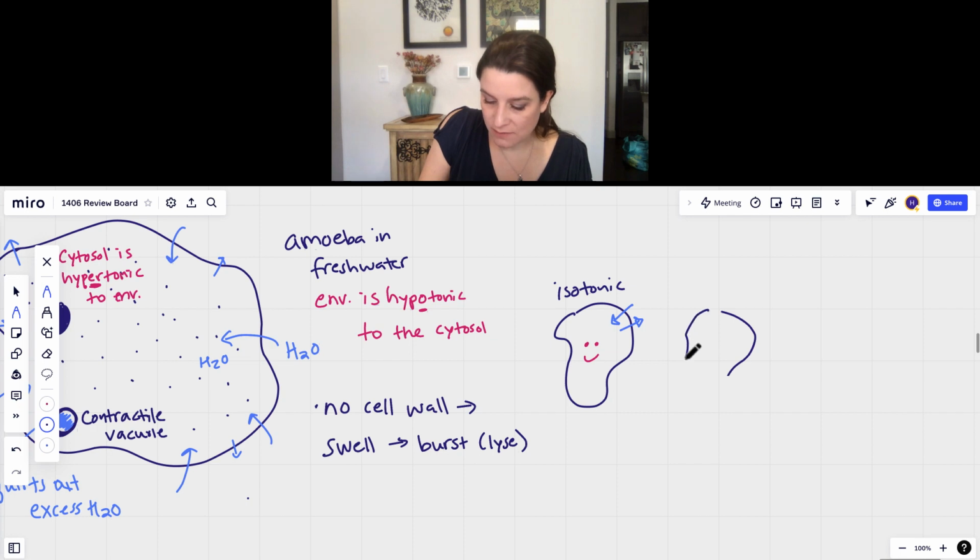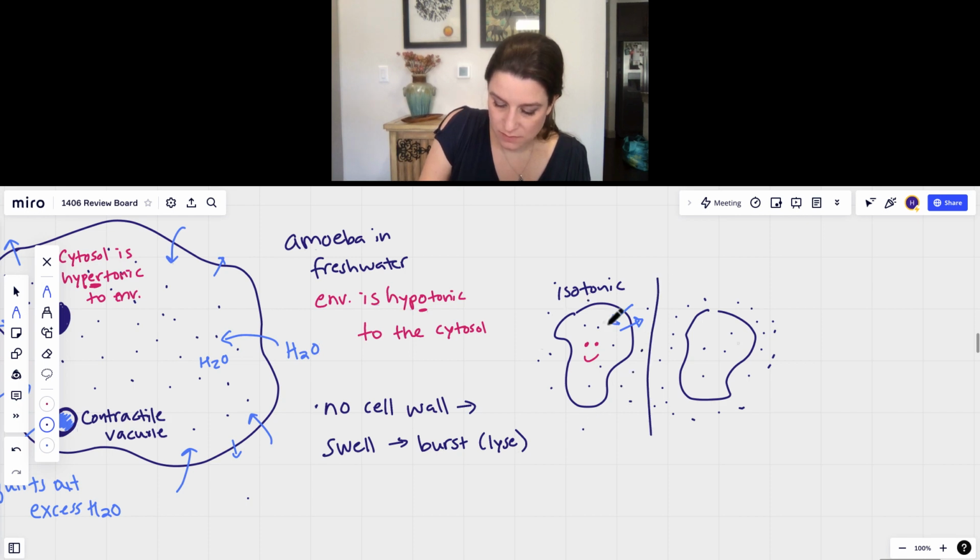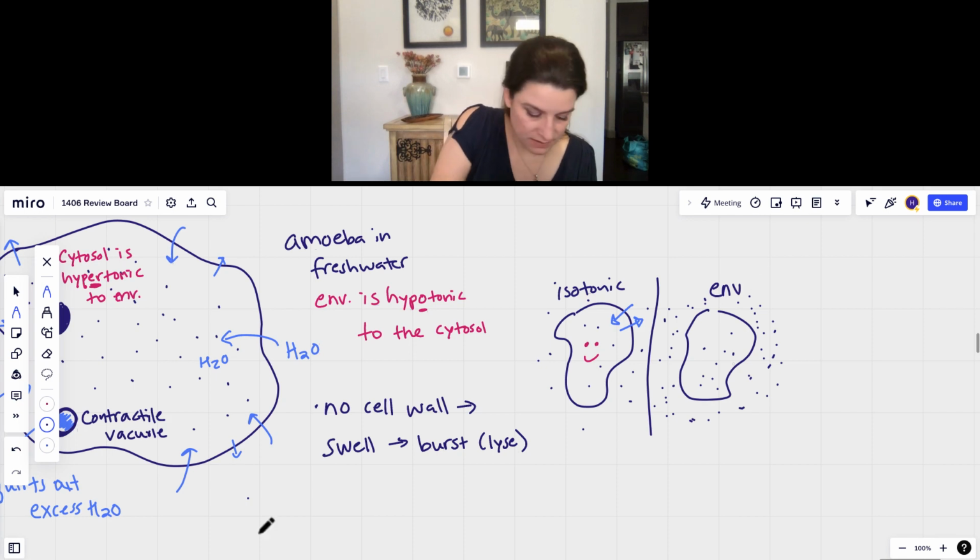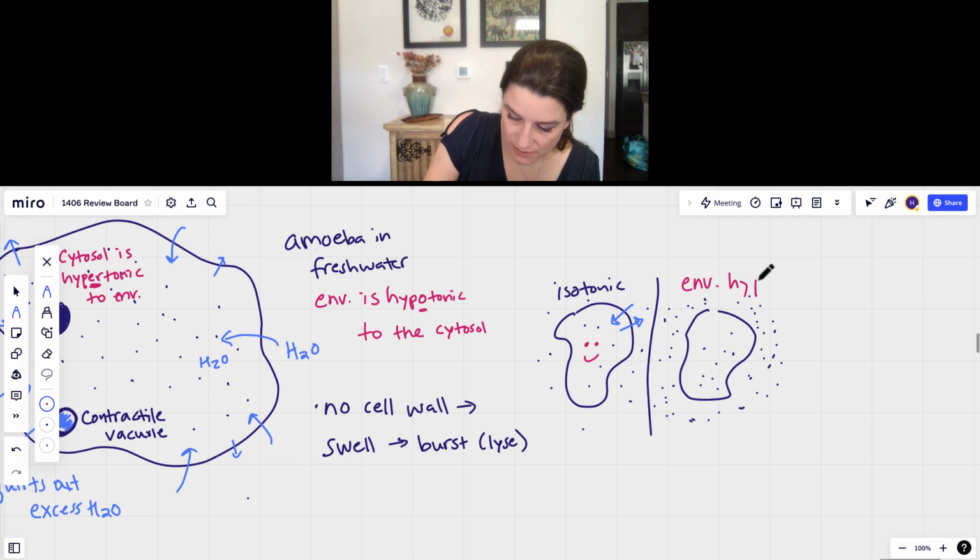If you have a cell without a cell wall in an environment with more solute, the environment is hypertonic to the cytosol, or the cell.